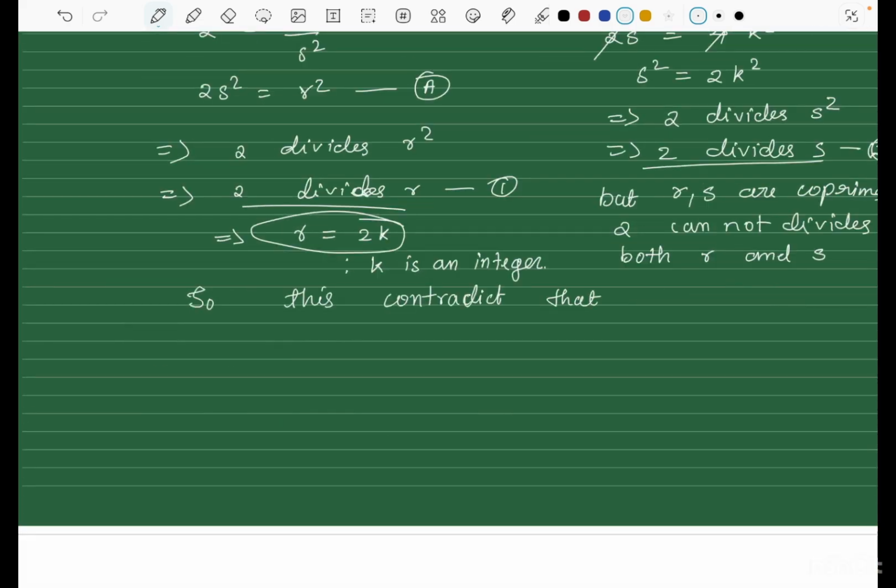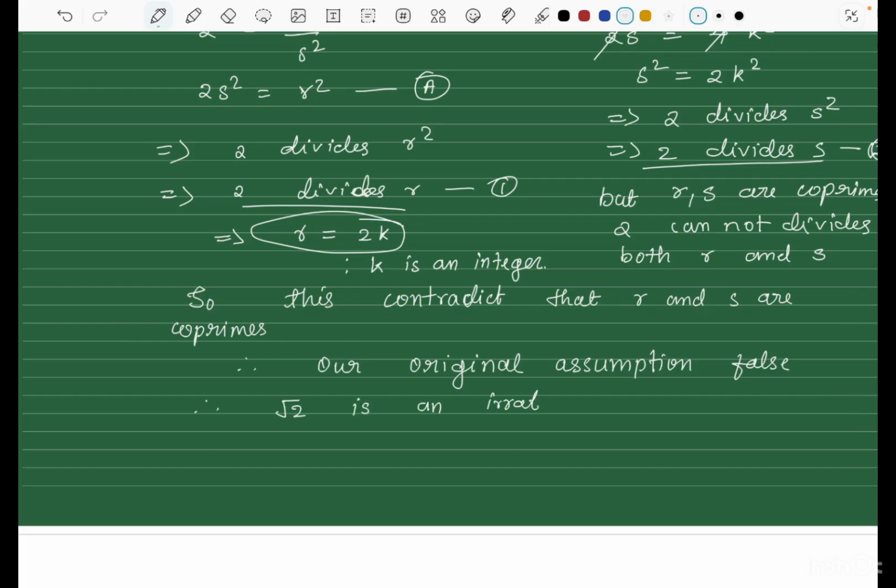So this contradicts that r and s are coprimes. Therefore, our original assumption is false. Therefore, root 2 is an irrational number.